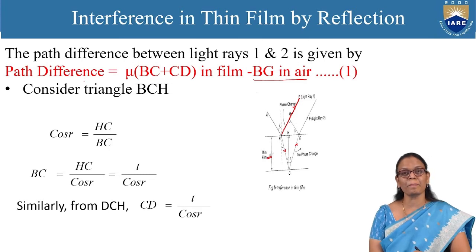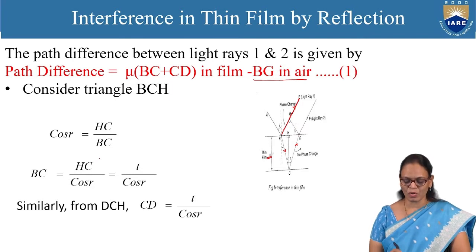So when we calculate the path difference, we also have to take into account the medium through which they are traveling. So for the second ray, it is mu into BC plus CD, that is the refractive index of the film multiplied by the path traveled by the ray, minus BG in air. BG is the path traveled by the first ray, and that is in air. So the path difference is the difference between the two.